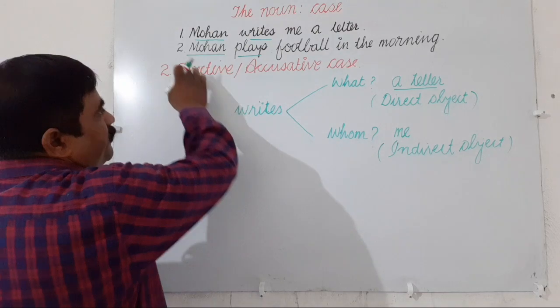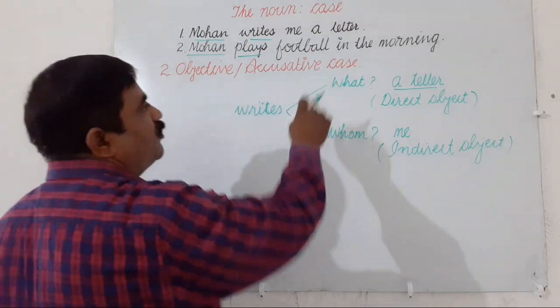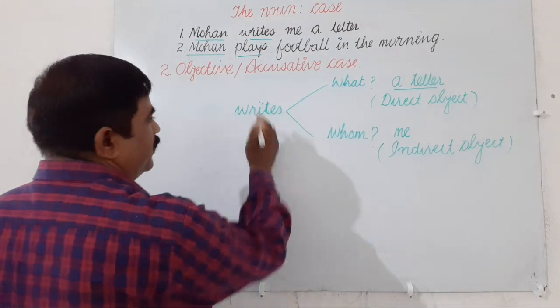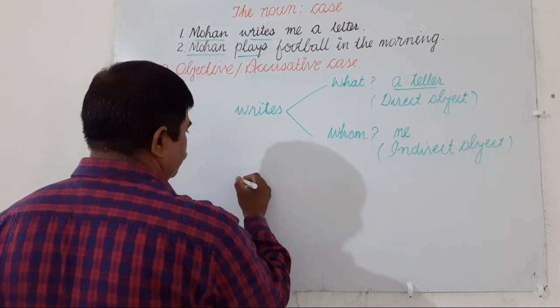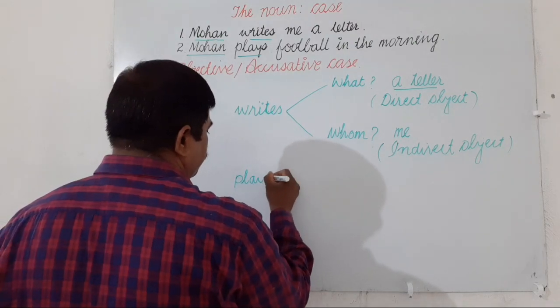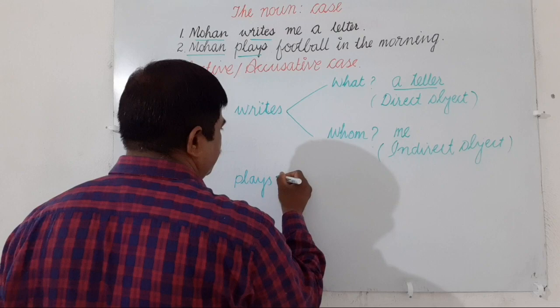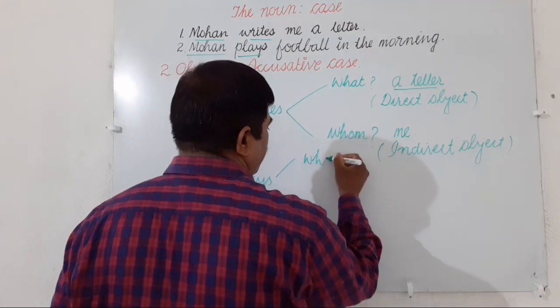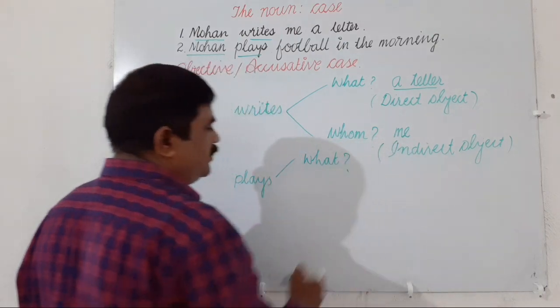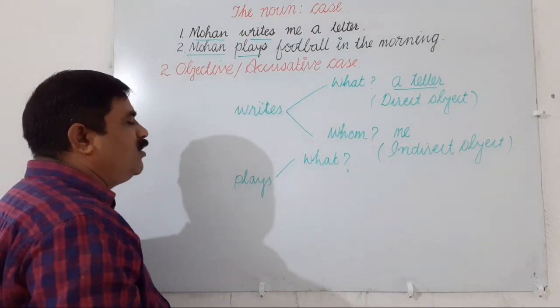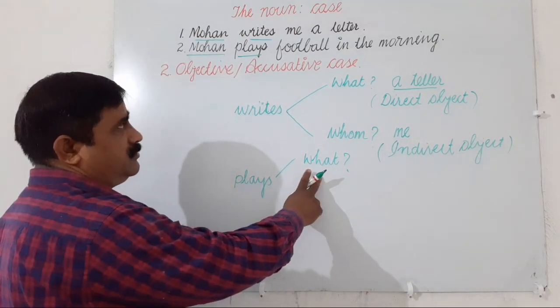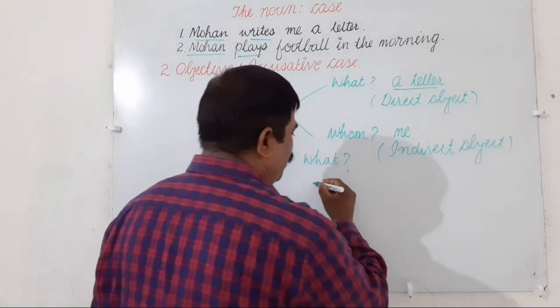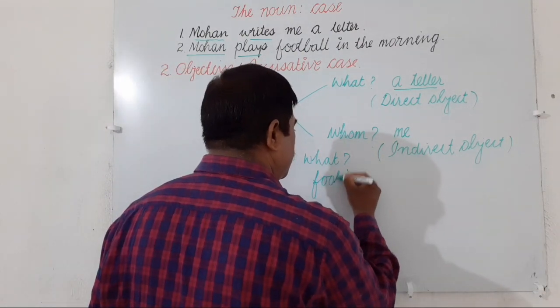Just let's pick up the sentence number 2. Mohan plays football in the morning. Let me write down. Plays is the verb. Plays what? Just tell me. Mohan plays football. Mohan plays what? Yes, football.